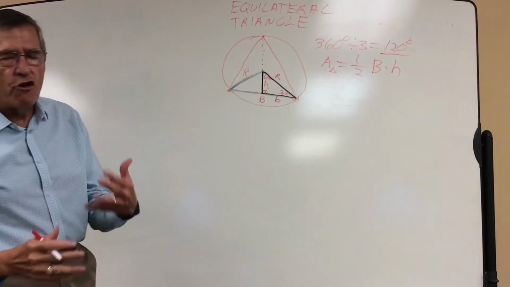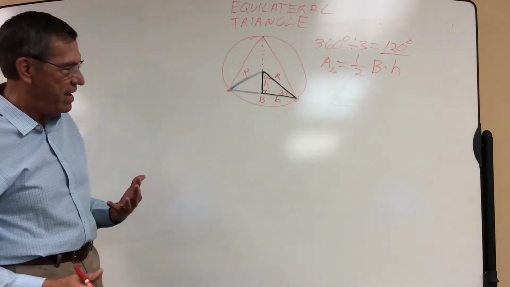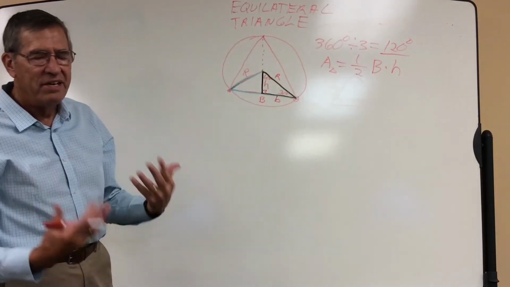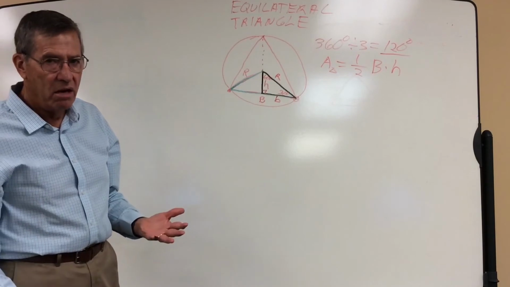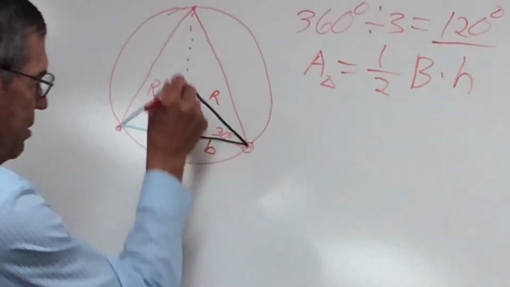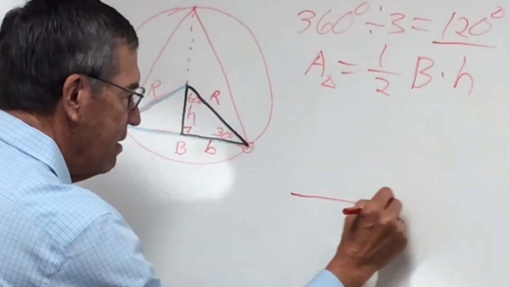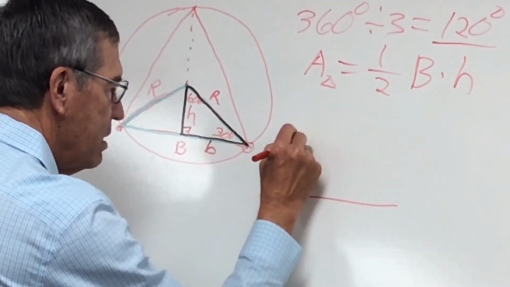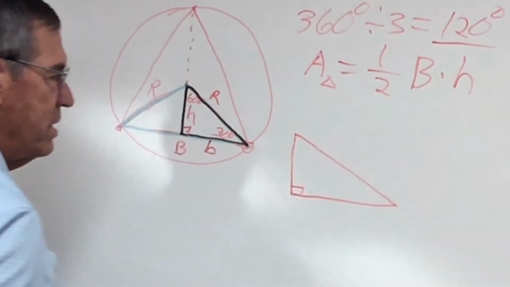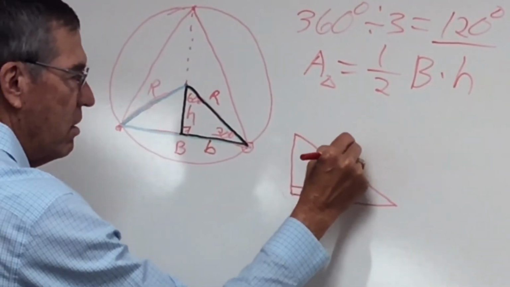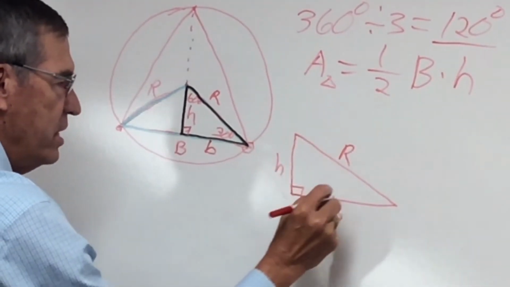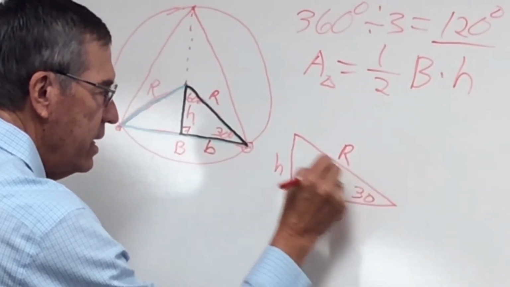So we have a 30, 60, 90 triangle with the hypotenuse designated a length, capital R. So let's draw that black triangle out here and label the angles. There's the right angle. Here's our R. This is little b. This is h. This is 30. And this is 60.